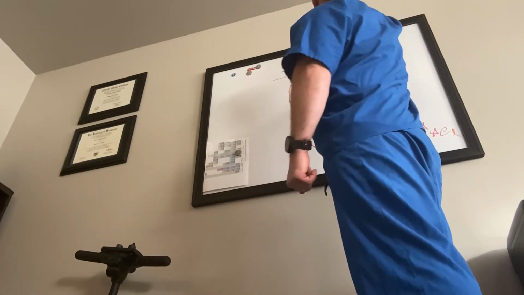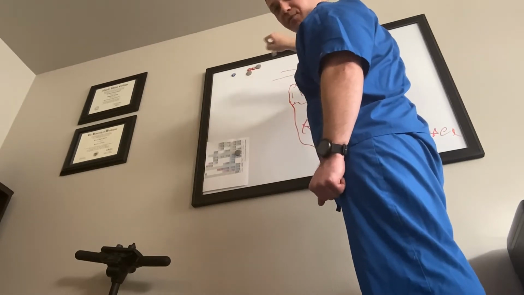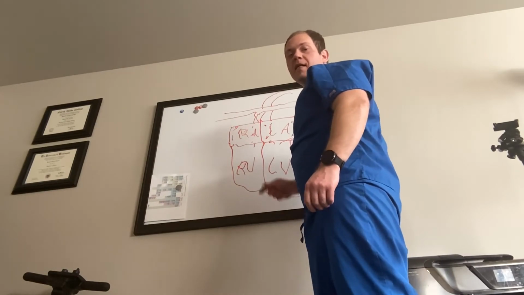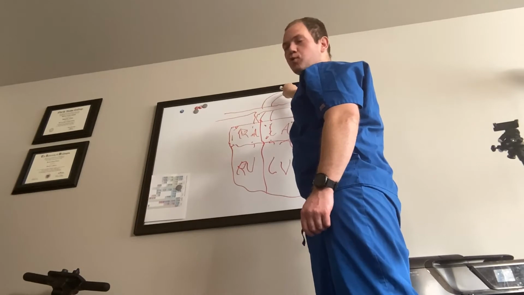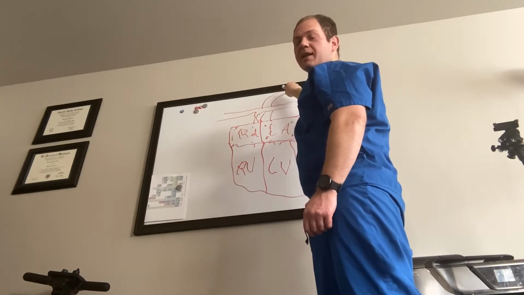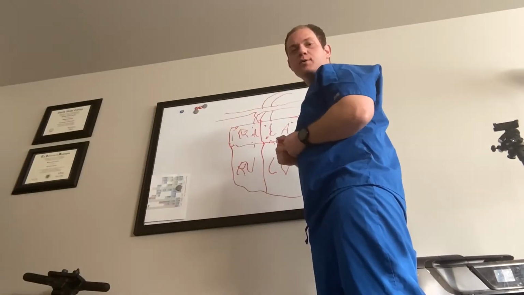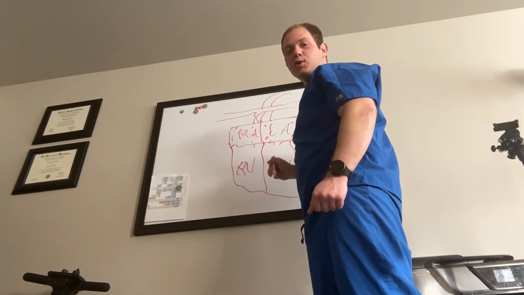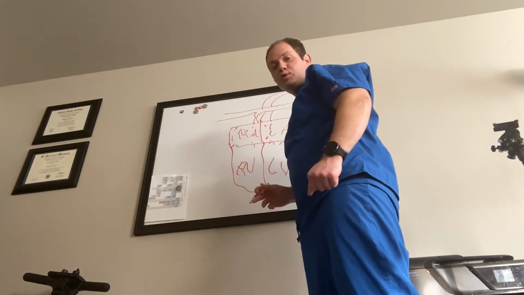and branches up here into the brachiocephalic trunk. And then we have the left common carotid and the left subclavian. And I don't really have room to draw those, but you can visualize it, I'm sure.